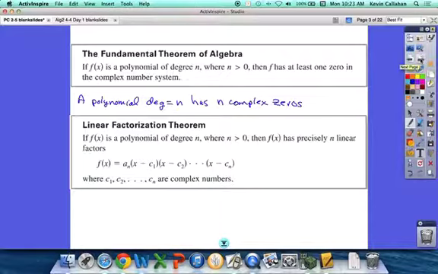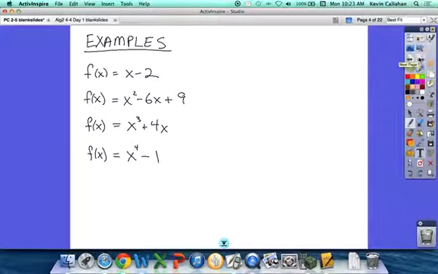Okay. We good? You okay? So, for example, hardly worth the board space, but how many complex zeros would you expect in the first? The degree is 1, so there is 1 zero.